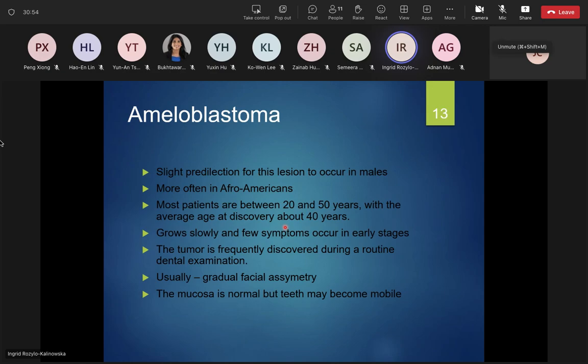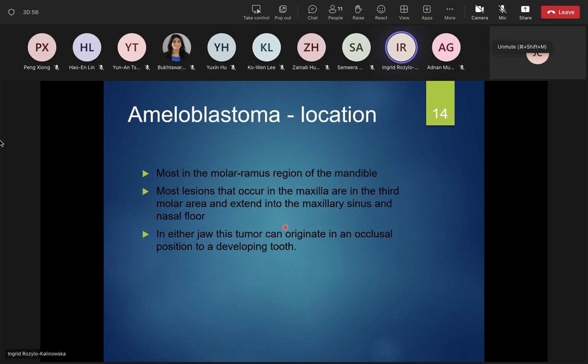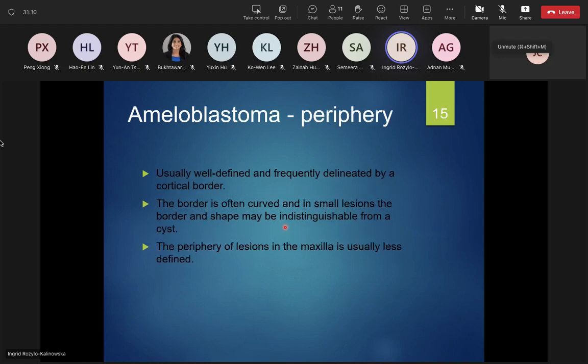The tumors occur mostly in the mandible, but they are also found in the maxilla, and they may extend into the maxillary sinus.